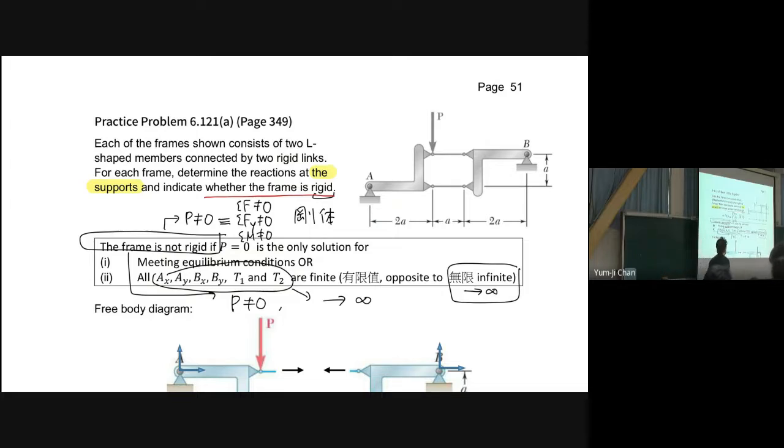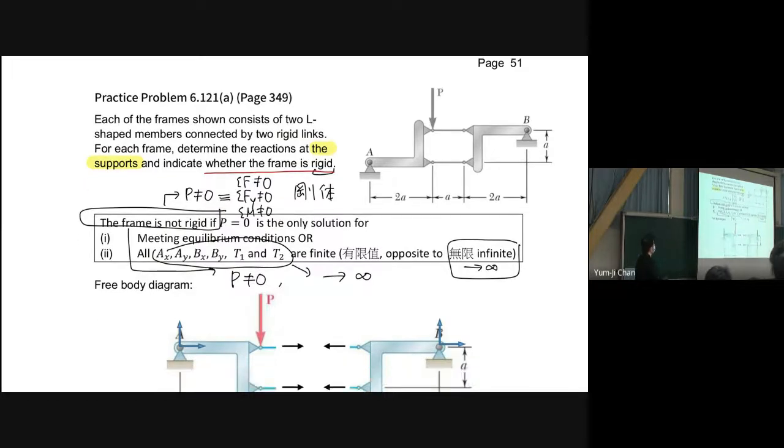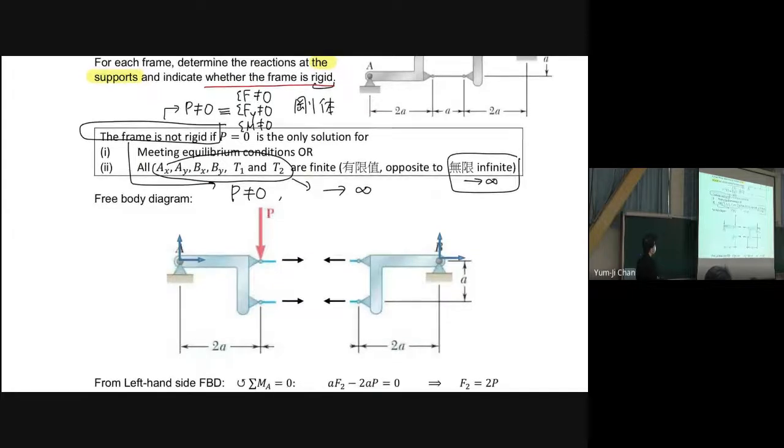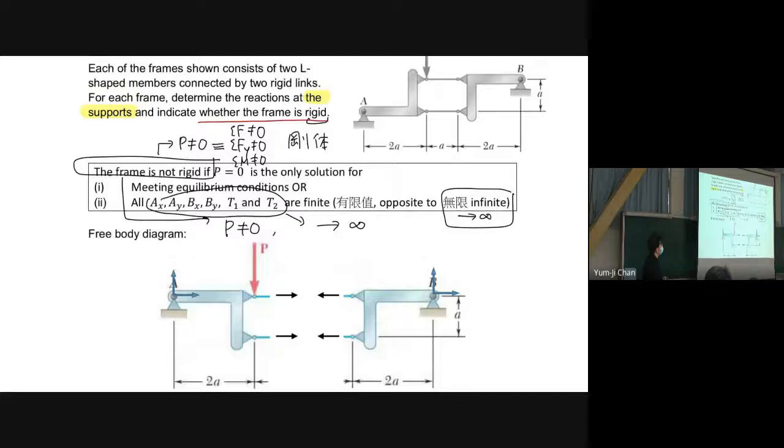Now we go to the problem itself. How many rigid bodies do we have in this problem?